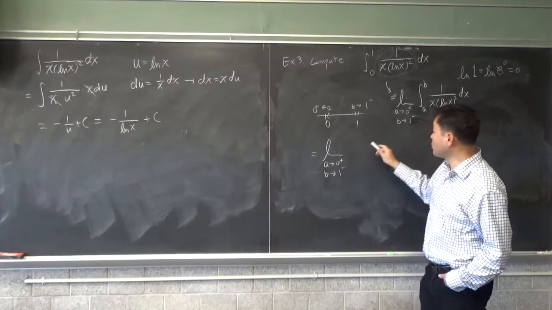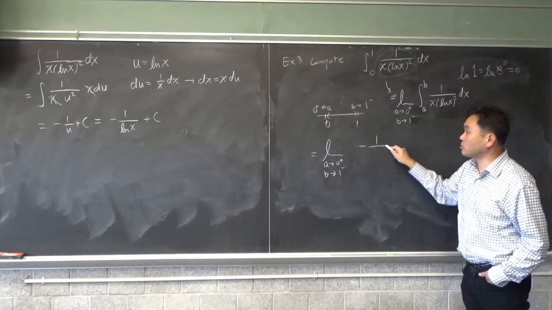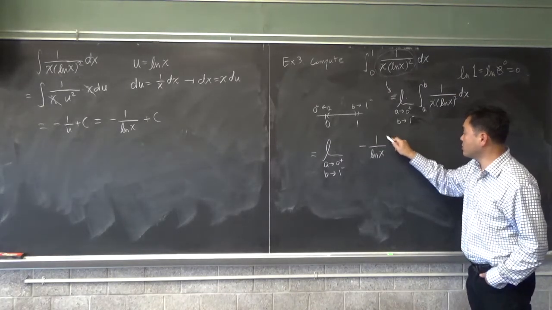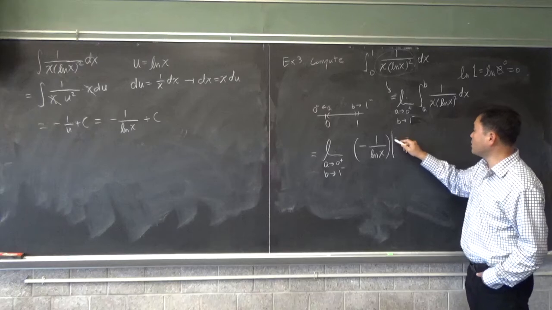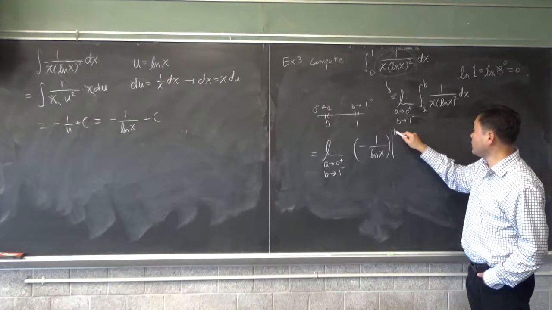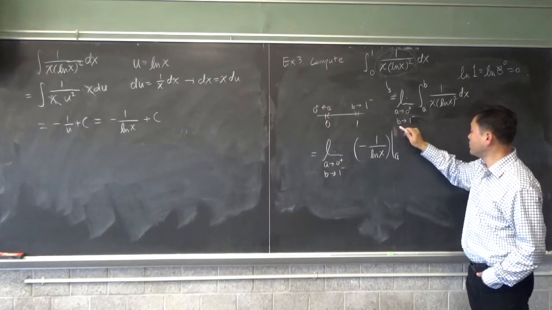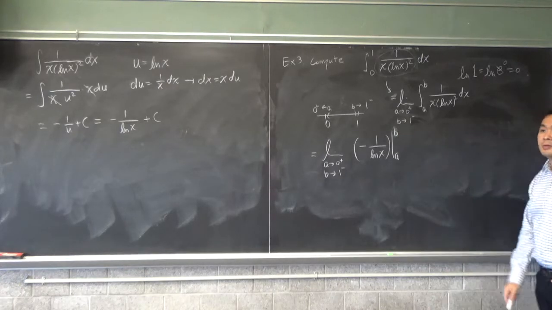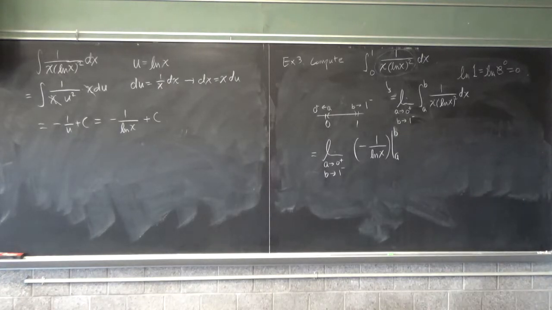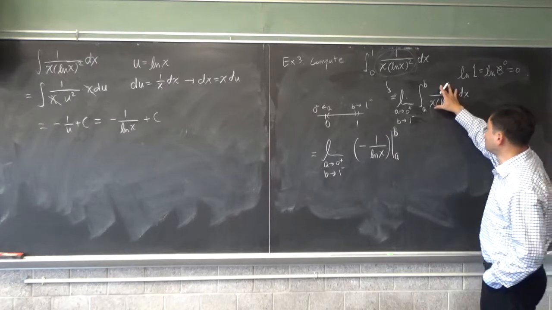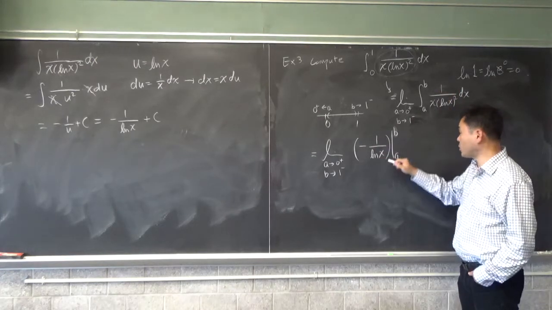of the result of this integral, which is negative 1 over ln of x, and to this you're plugging in b and a, right? The antiderivative of this is this, so now we plug in b and a.